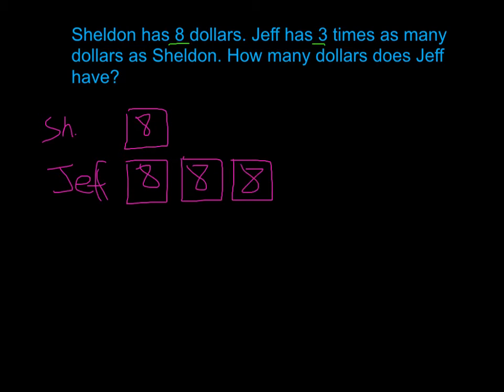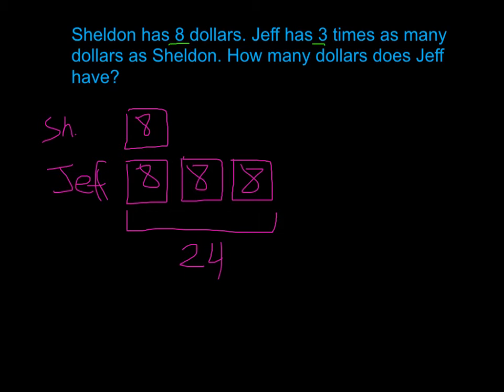And so now we can see what Jeff has. Jeff is going to have that amount right there of all 3 of those, whereas Sheldon only has 8. And so we can add them up. 8 plus 8 is 16, plus 8 is 24. So it's going to equal 24. Or 3 times 8 is 24.